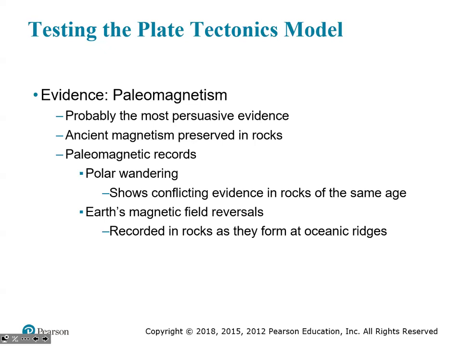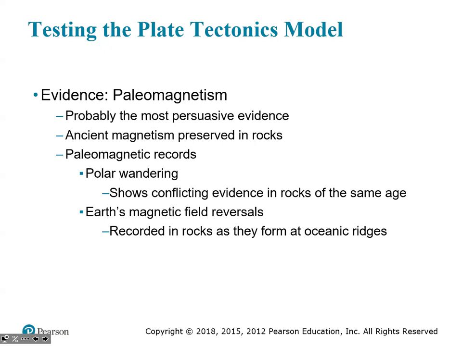One thing we can observe is that when rocks form, they solidify, and they lock magnetic materials into place, magnetic minerals like magnetite or hematite. And these minerals record the magnetic field of the Earth at the time they were formed. So by studying layers of rocks through history, you can get a record of the history of the magnetic field of the Earth from the point of view of where you are.